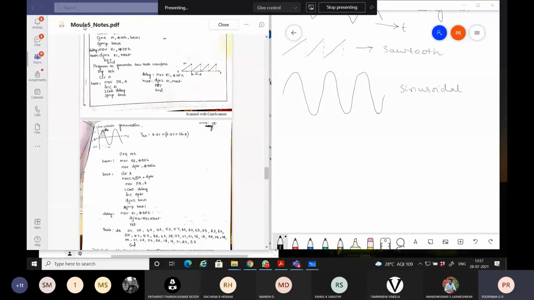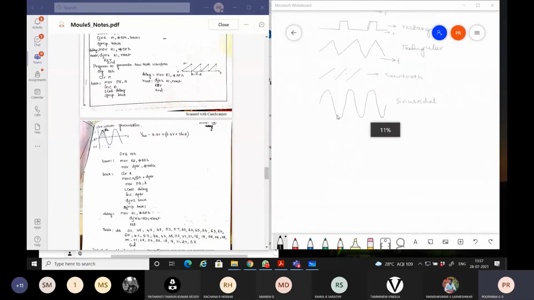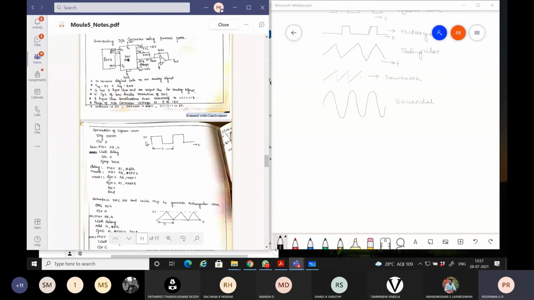Then how to write programs to generate these types of waveforms? First let us see how to generate a square wave. How to generate a square wave.